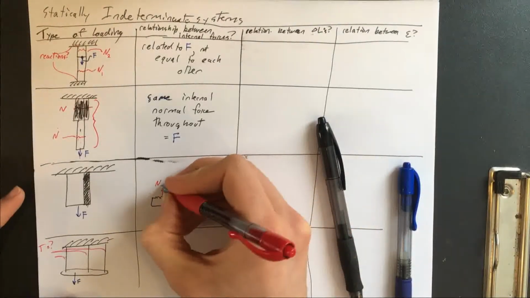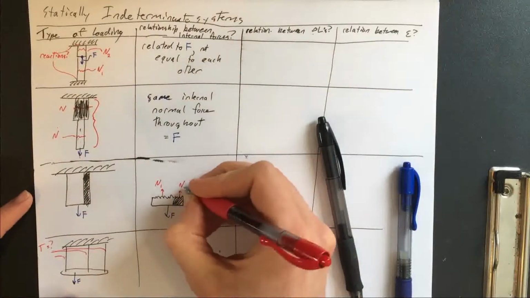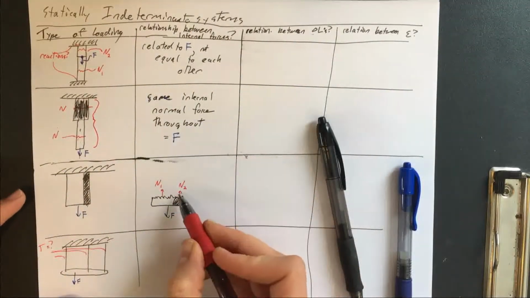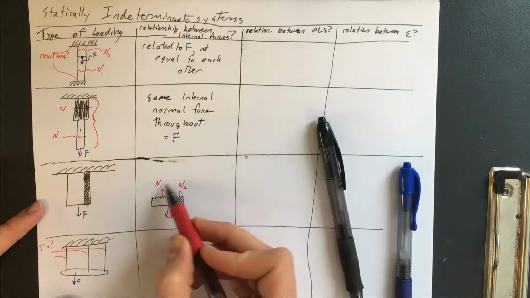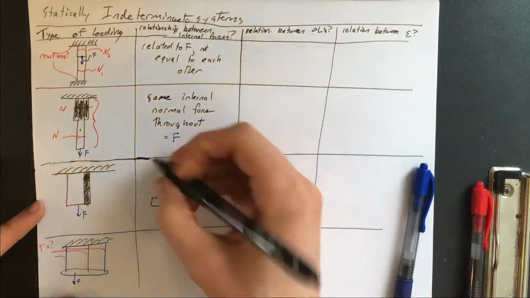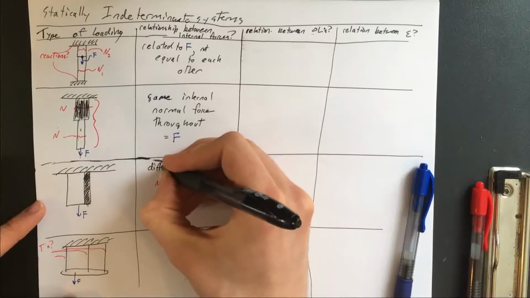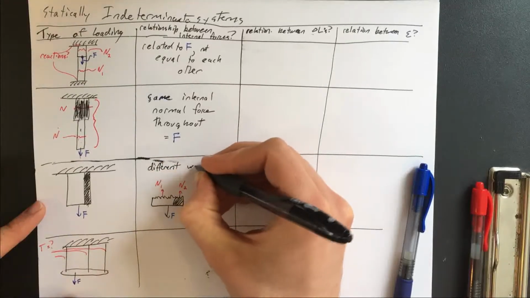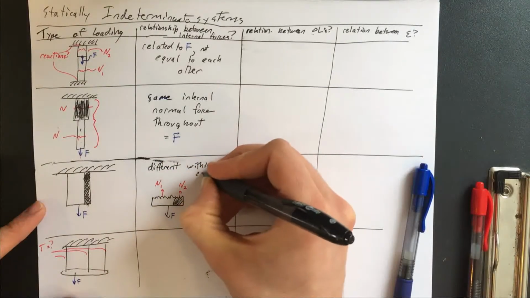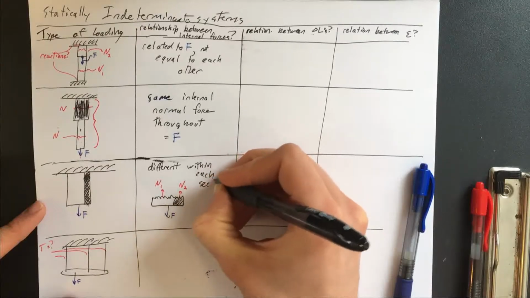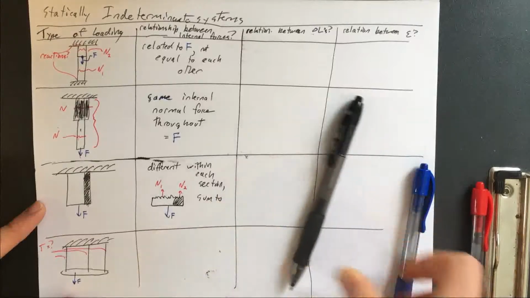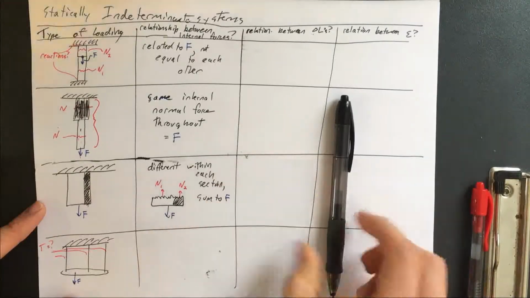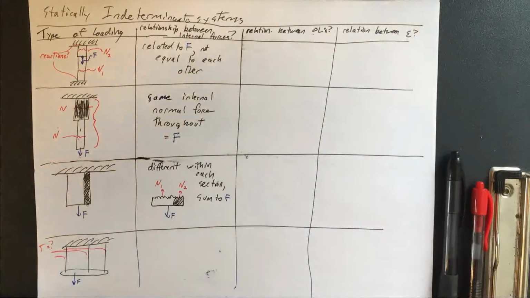So maybe we have an N for this one section here and an N for this section here. We know they would need to sum to this force here, but they could be different from one another. So they're different within each section, but we know they sum to F.